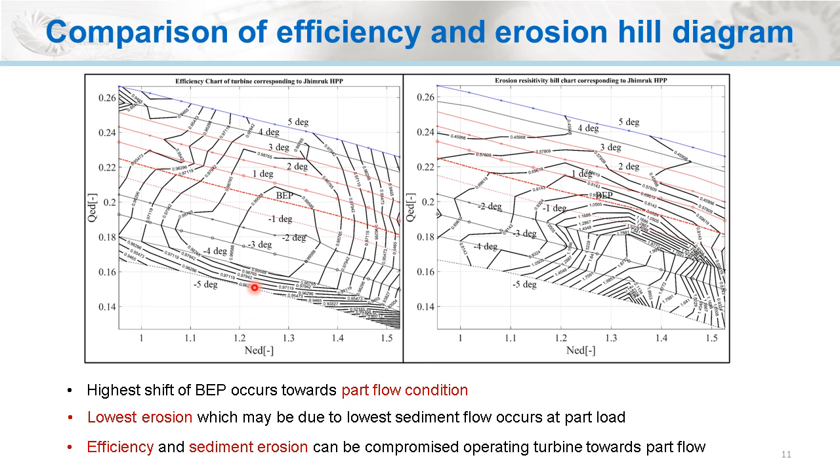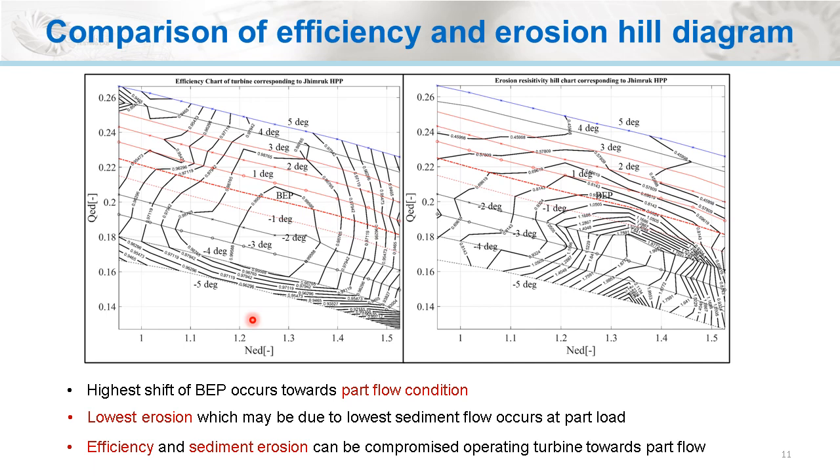However, the speed variation was only 12% at that point. If the efficiency can be compromised slightly away from the best efficiency point, a speed variation of up to nearly 19% can be achieved within the range of guide vane opening. This means we can say that variable speed operation of the turbine can be more powerful to recover the hydraulic losses that occur during the change in operating condition.